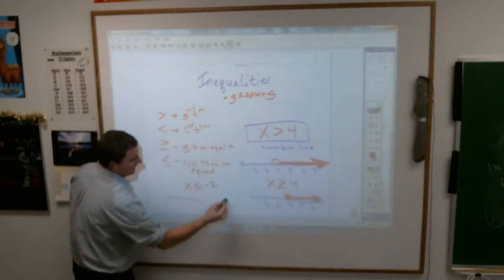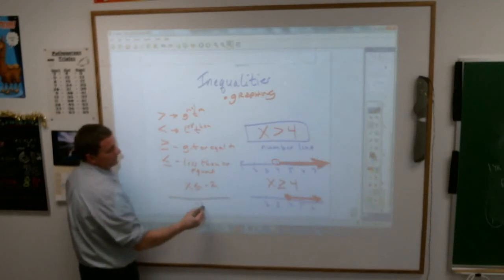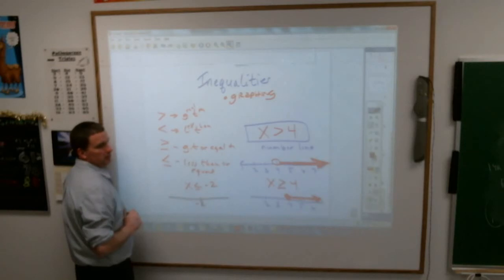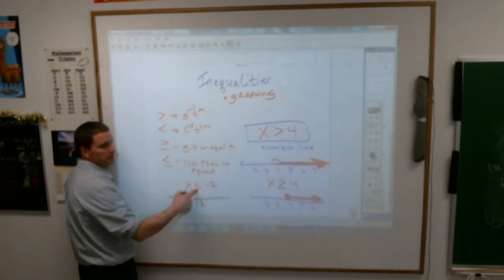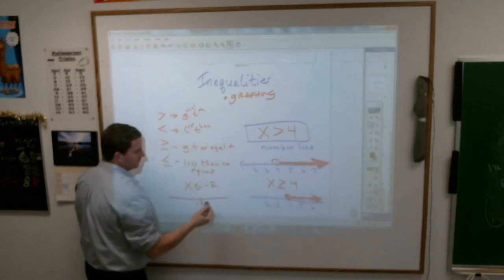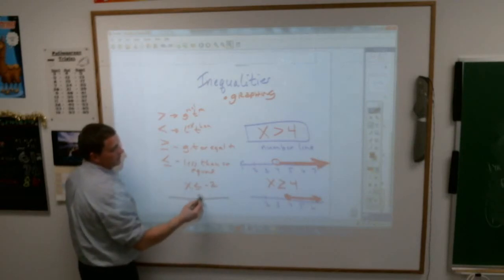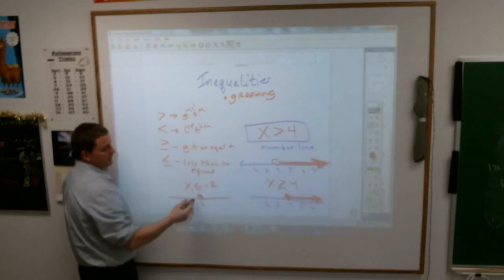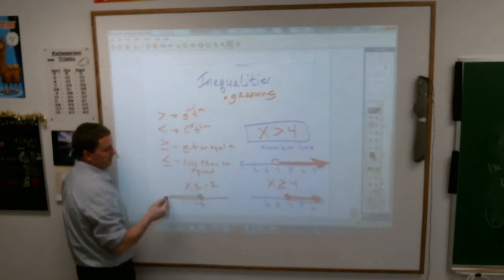You need to draw a line and put a -2 dash there. Is it going to be an open circle or a closed circle? It can be equal, so it's closed. Equal is closed, not equal is open. And in what direction is my line going to shoot off? All the numbers that are less than -2 fall on this side.